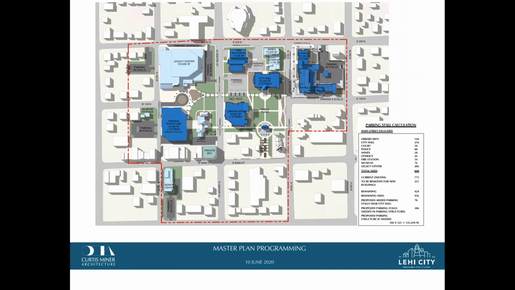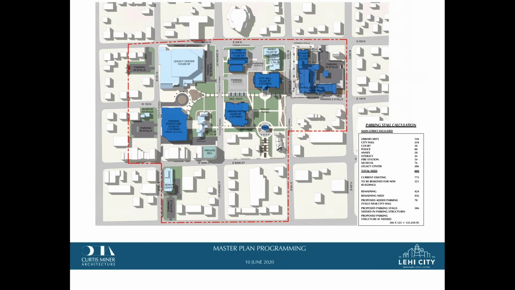So we looked at that analysis. We looked at the square footage of these new buildings that we've discussed, and we calculated what those needs would be in the future for parking, and as we take up some parking stalls with buildings and plazas, how do we increase the amount of parking to accommodate the needs of these buildings and plazas, and create something that's better used.